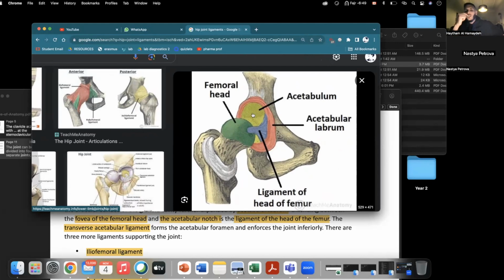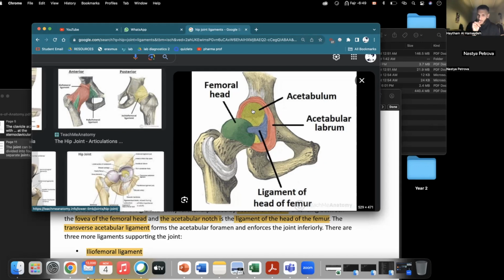Third thing, we want to know the movements. We have flexion, extension, lateral and medial rotation, adduction, abduction. That's the movement of a ball and socket. And then finally, the articular surfaces, and it's very clear: head of femur and acetabulum.